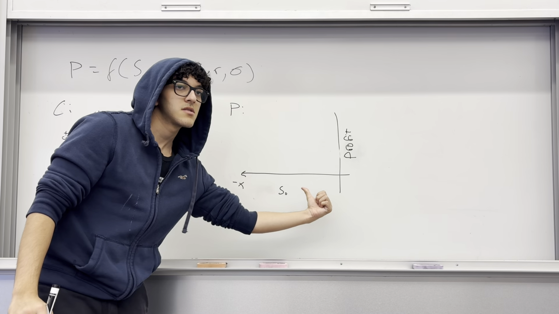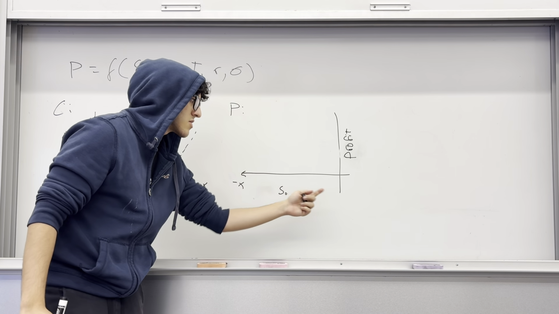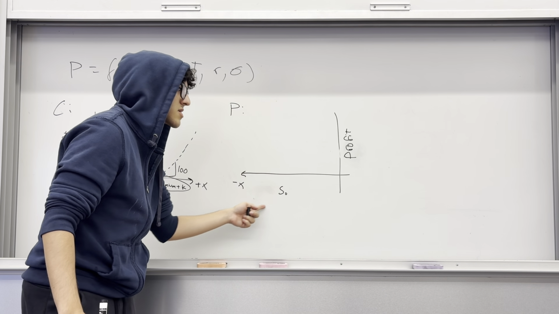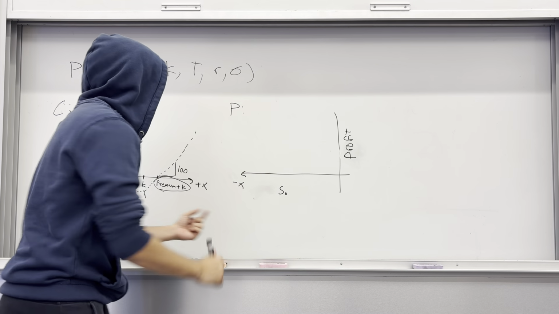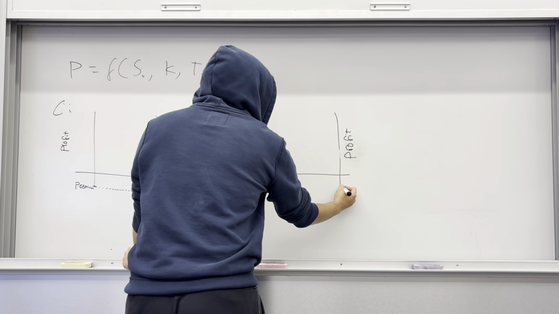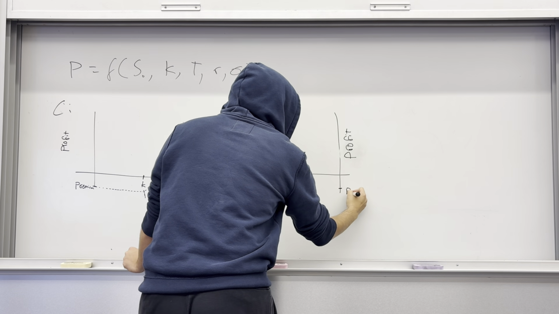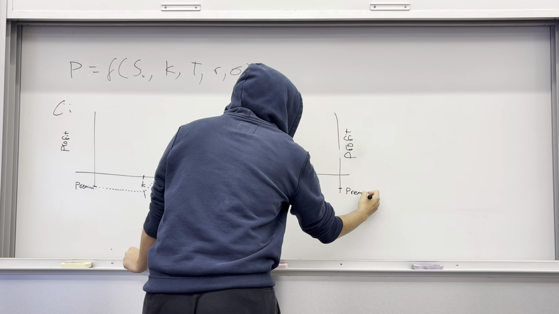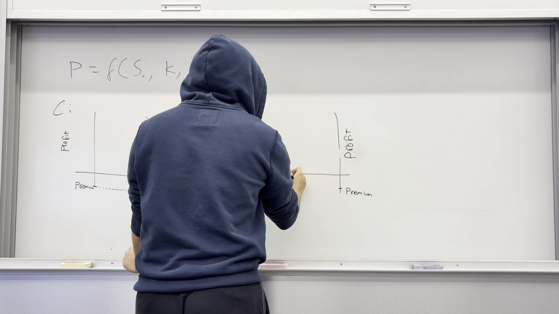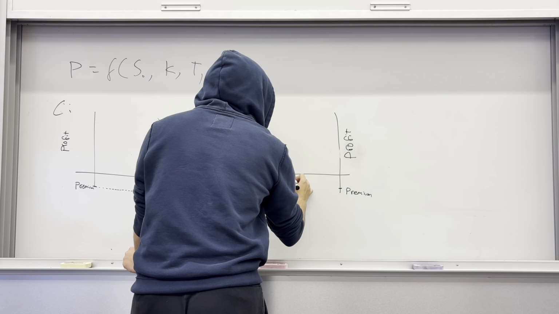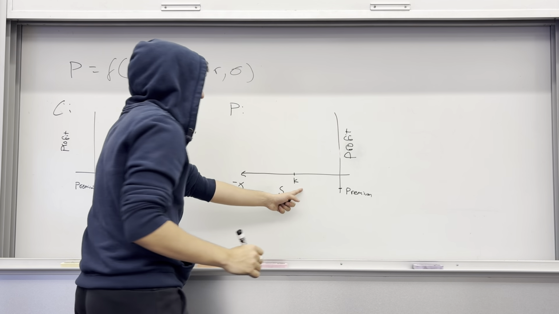But now the stock price is going this way. So you're only making money if the stock price decreases. It's just the inverted version of this. So you have the premium, and let's say this is your goal price.